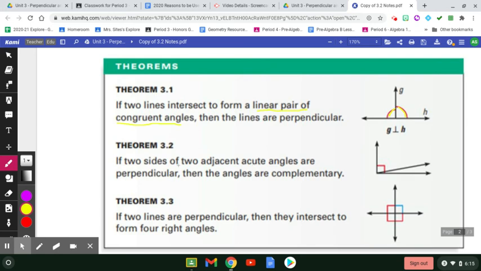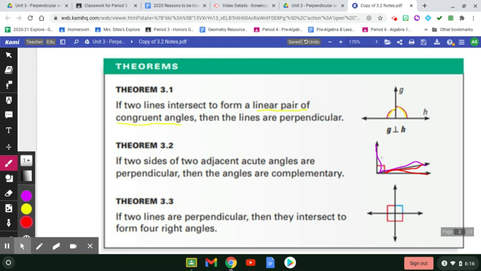Adjacent means touching. So when I look at this picture here, if I look at this angle portion right here in purple, and I add the red portion up with it, if the two sides are perpendicular, and they're telling you that part, then they would have to be complementary.